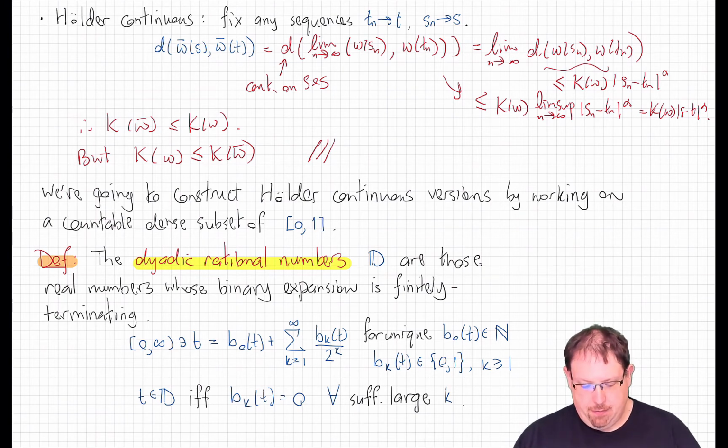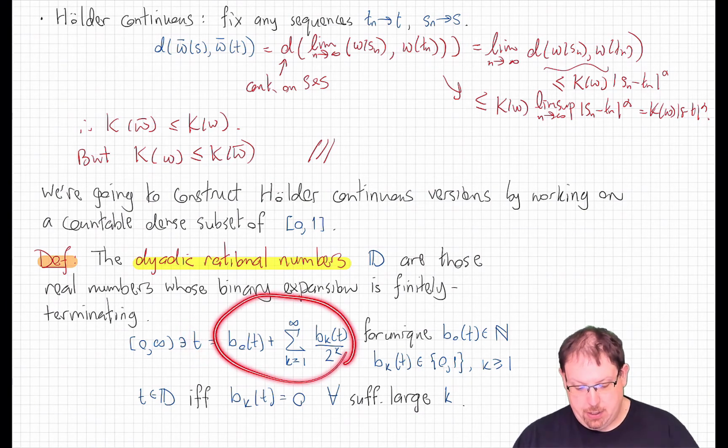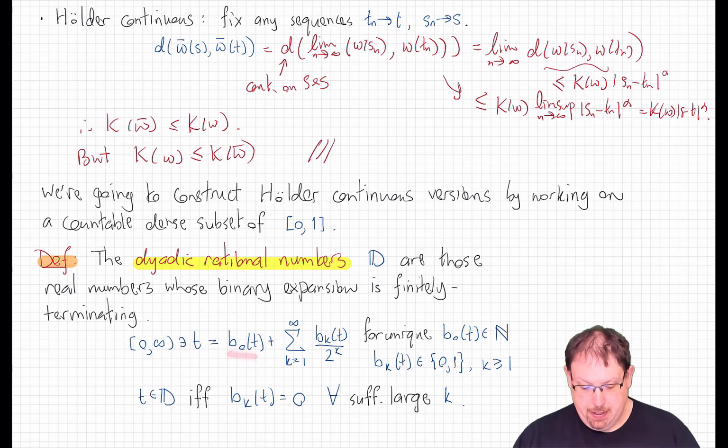That is to say, for any, let's say, non-negative real number t, it can always be expanded as a binary expansion, some integer plus a binary sequence of zeros and ones afterward. And the dyadic rationals are exactly those numbers whose binary expansion here finitely terminates at some level.